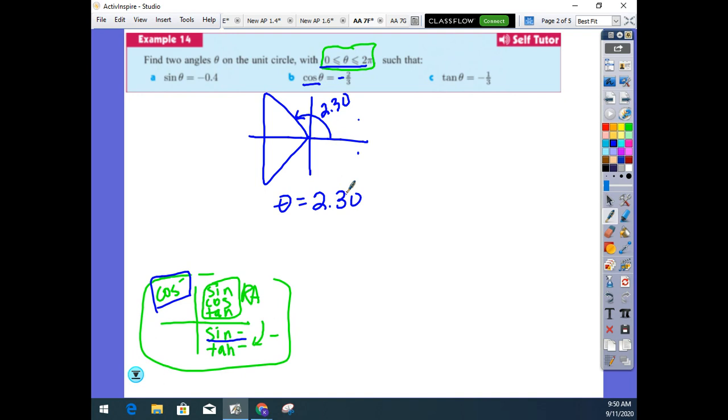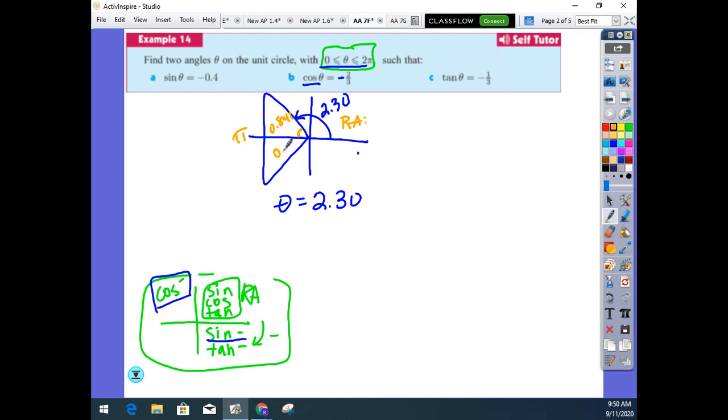Now, here's my question. I need to find this reference angle here. So what would I do to find my reference angle? If this is pi and this is 2.3, I'm going to take pi minus my reference angle. This angle here is 0.841.